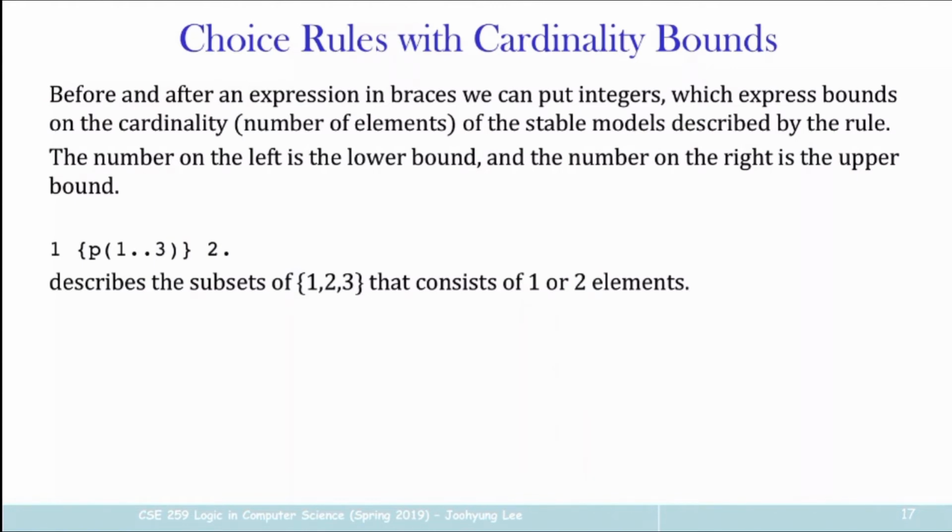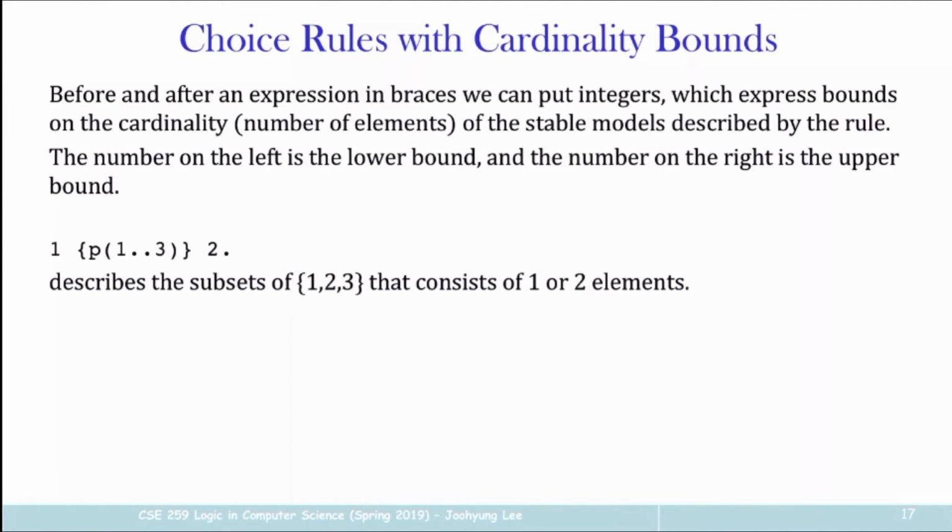But with this one, we are asking Clingo to find the subsets of P1, P2, P3 that contain at least 1 element and at most 2 elements. So we are only interested in cardinality greater than or equal to 1 and less than or equal to 2. So how many stable models will there be?